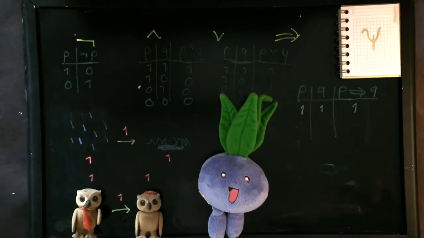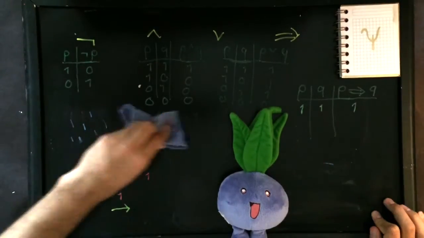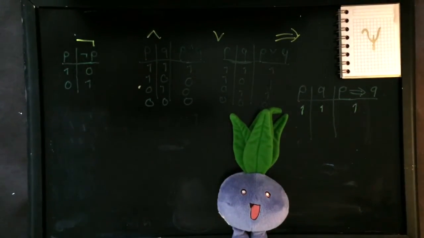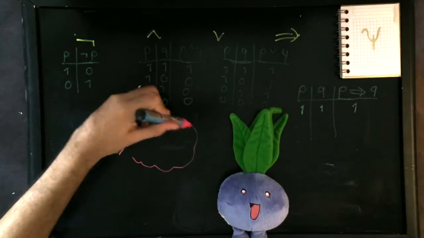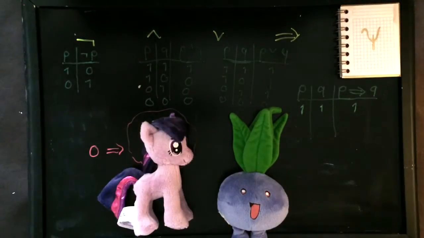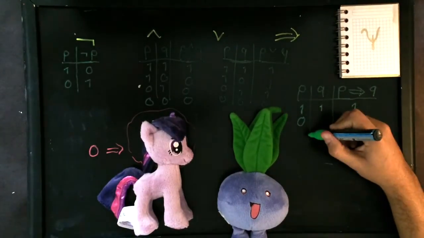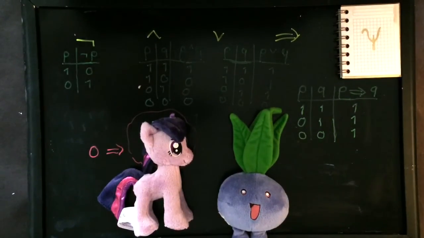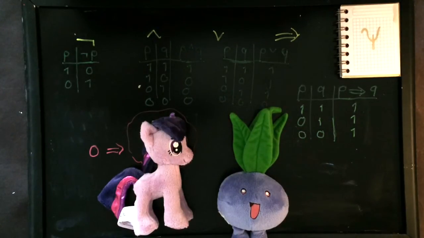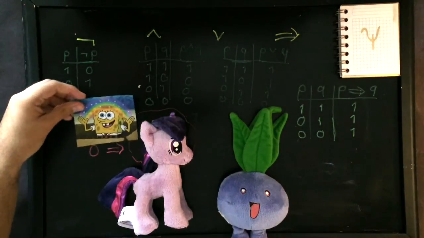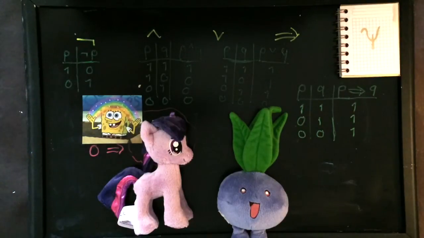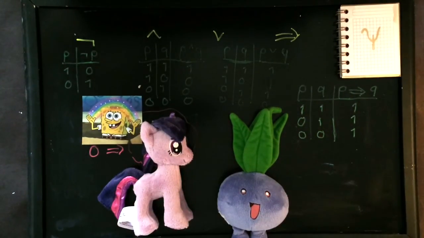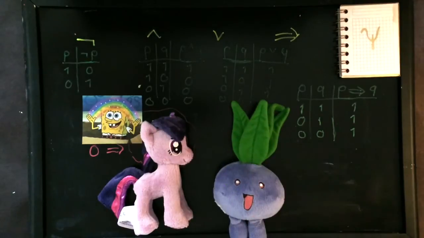As a second rule, we'll say that from something false we can deduce anything. That is to say that if the first proposition or premise is false, then any conclusion we might get makes the whole implication true, like every conclusion. To justify this, we can say that starting from a false hypothesis is like saying, let's use our imagination, and in that fantasy world, everything is possible, hence everything is true.